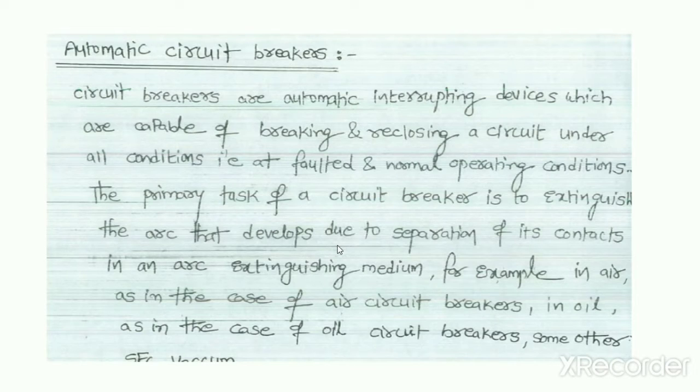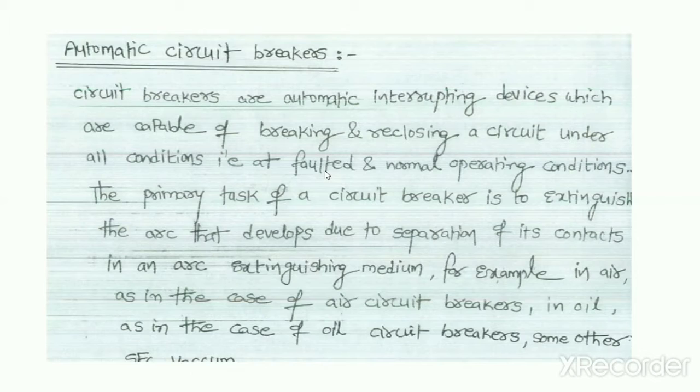We have two types of contacts, that is the fixed and the moving contact. When the fault current flows through them, automatically the fixed and moving contacts are separated from each other. In this case that circuit breaker will be operated.